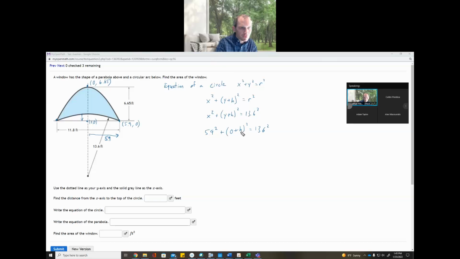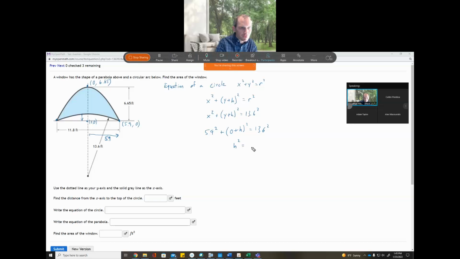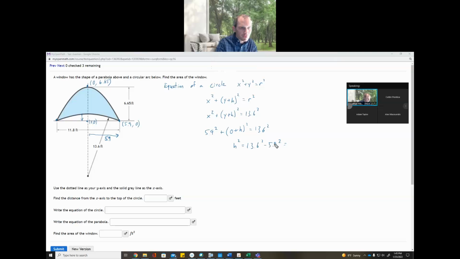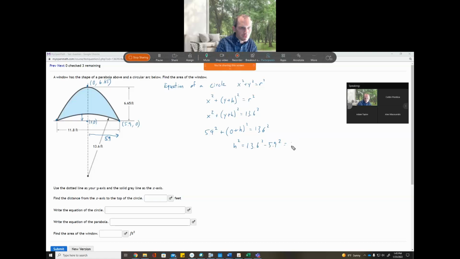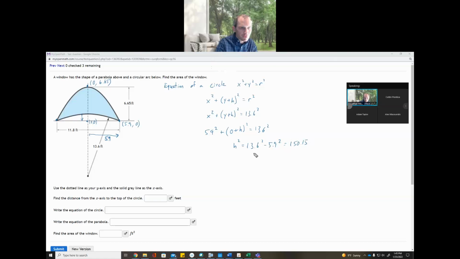So 0 plus h is h squared, which is 13.6 squared minus 5.9 squared. I'm just going to punch those into my calculator and get a decimal. So I get 150.15. So I take the square root of that to figure out what h is.